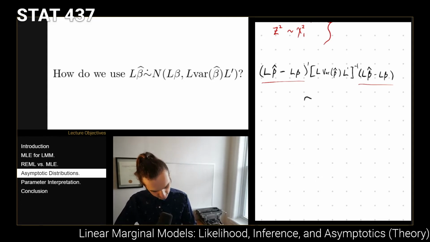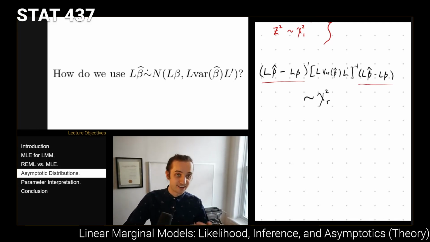In particular, this will be a chi-squared distribution with degrees of freedom R, where R is the rank of L. Okay, so I don't know if you've seen this result before.